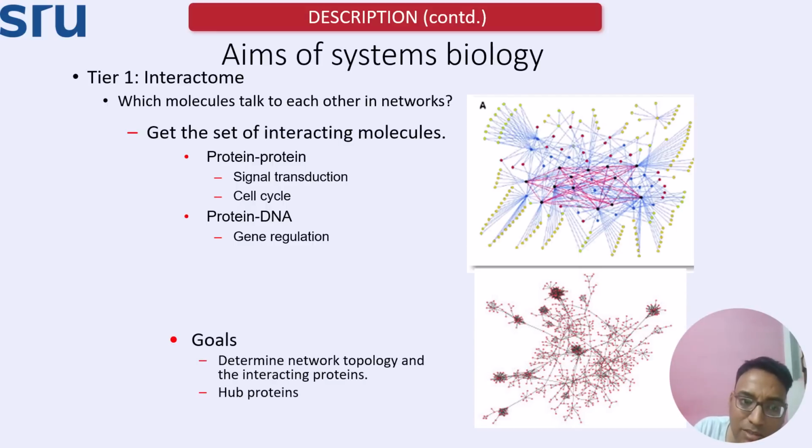The second aim is to determine network topology and the interacting proteins. Which protein among them? Some proteins are the most connected to each other, highly connected, something which is shown here.